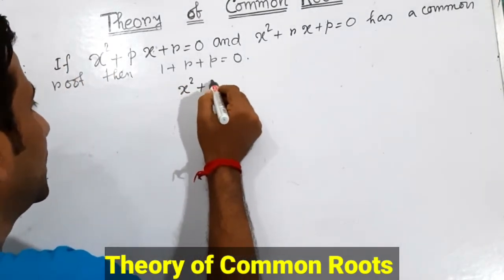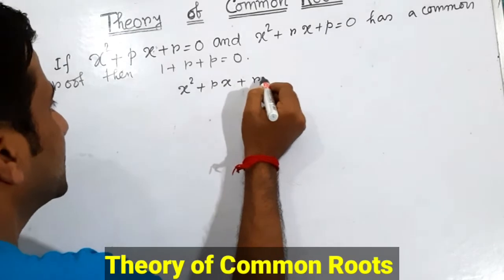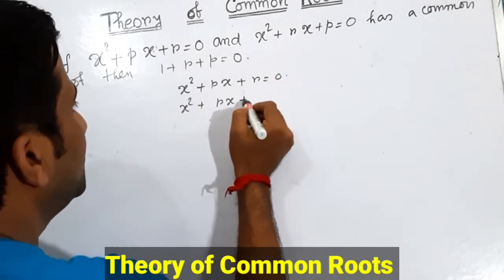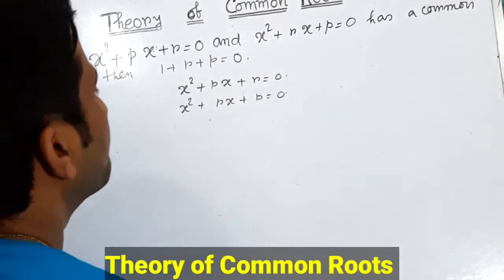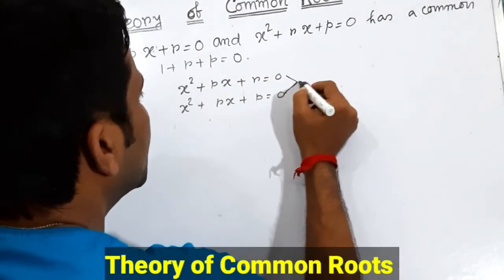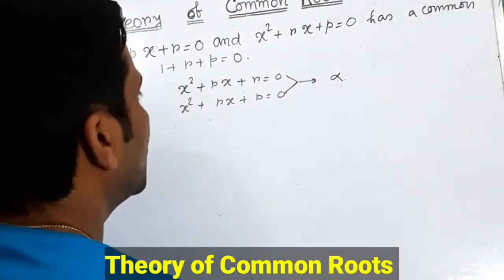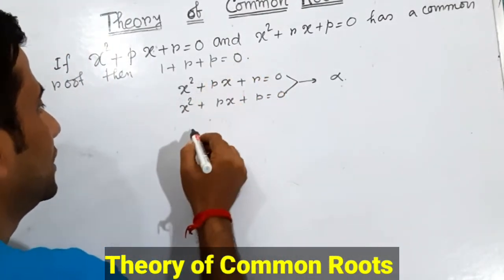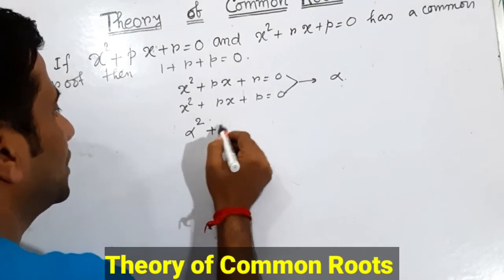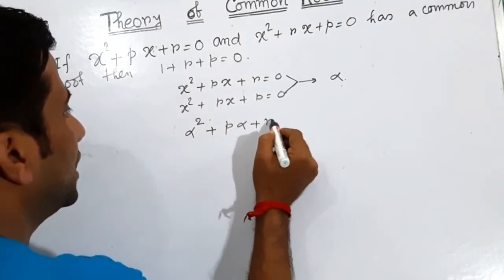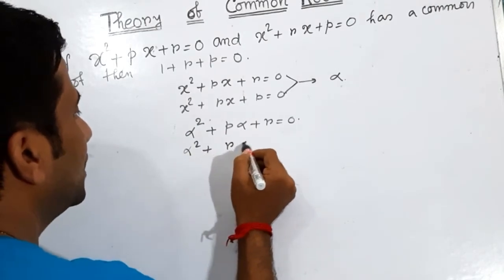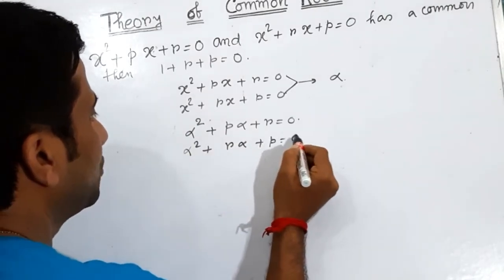What we get from here: x square plus px plus r is equal to 0, x square plus rx plus p is equal to 0. Both equations have a common root alpha, then alpha will satisfy these two equations. Then we write alpha square plus p alpha plus r is equal to 0 and alpha square plus r alpha plus p is equal to 0.